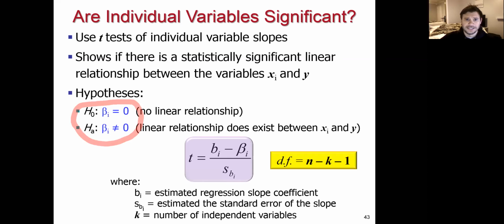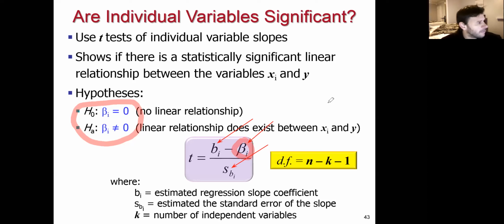And again, the way we're going to do that here is we're going to calculate our t statistic. This looks very similar to x minus mu over sigma to some extent, except the value we're going to be substituting in for beta i there is going to be 0. So the way we're going to calculate this t statistic is pretty simple.